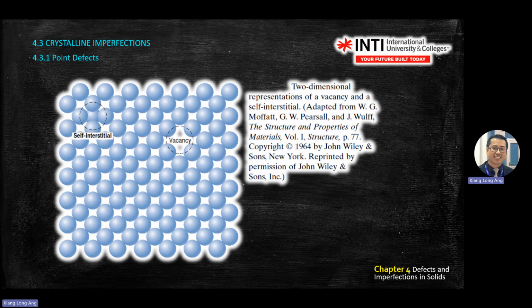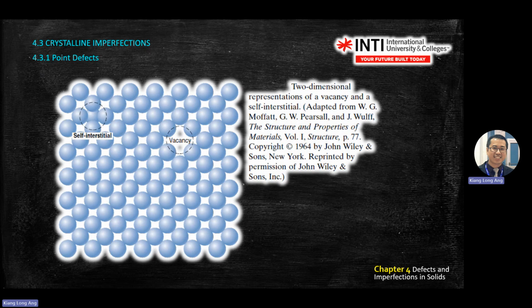So you have a self-interstitial defect, or you have a vacancy defect. The equation that I wrote on the whiteboard just now, NV, is to calculate the vacancy, not this one. So it's very clear on the diagram. On this slide, very clear. One is a hole, one is with the additional thing.